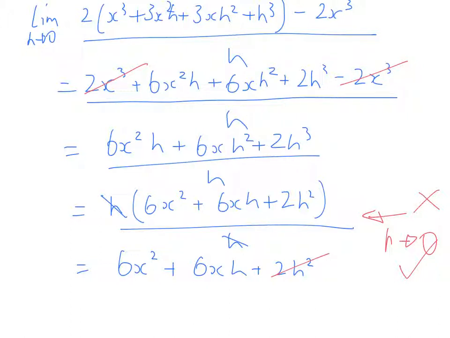And if h is getting really, really close to 0.000001, then 6xh is also very close to 0. They become negligible. Cancel out is actually not the right way to say that; they become negligible in their value. So what we end up with is 6x squared.